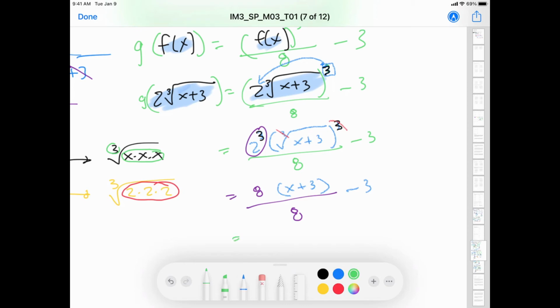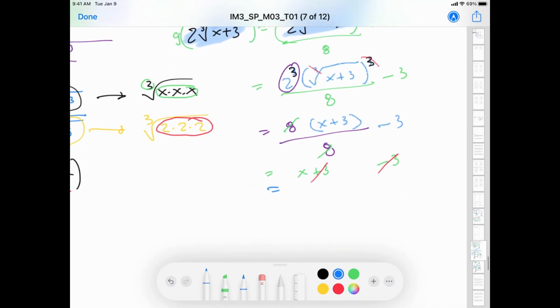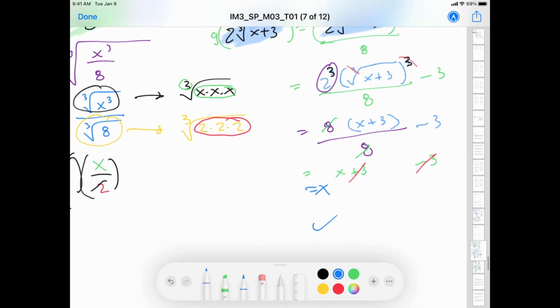So then you have 8 divided by 8, so you have x plus 3 minus 3. And then these negative 3's will cancel, and then you're just left with x, which means they are inverses. Awesome. See you guys. Bye.